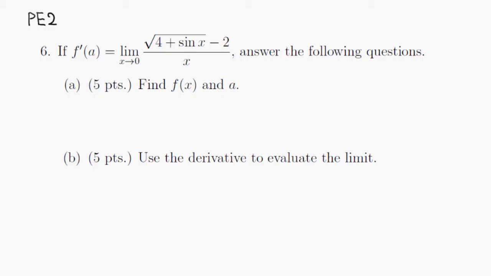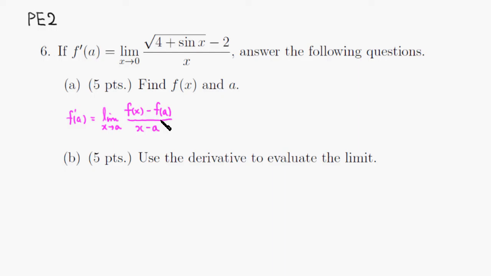So we just have to compare this with the definition of f prime of a. Remember that f prime of a is equal to the limit as x approaches a of f of x minus f of a, over x minus a.